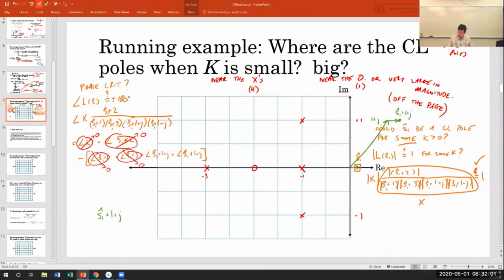Now, I didn't have to put both of these vectors at the origin. They are the same vector even if I translate them around. And so what I'm going to do is take that picture and translate it over to here. So here's my translated S1 hat. Here's my translated 1 plus J vector. And so here I hope you can see that if I add the yellows, I get to the point S1 hat if I started at this x.